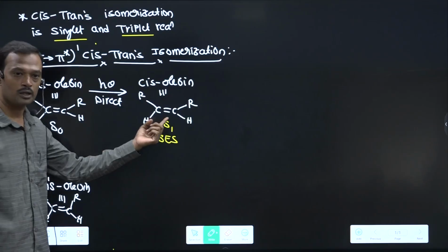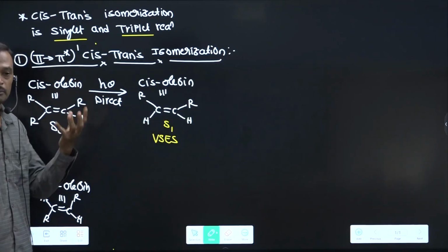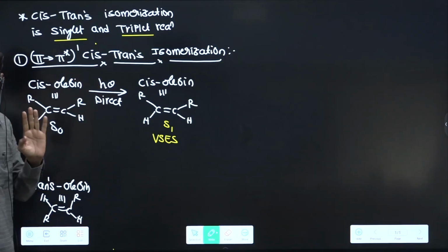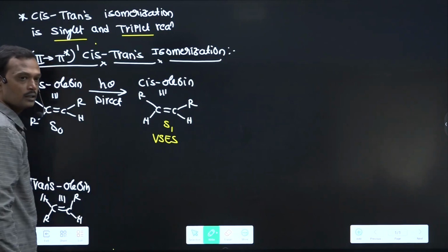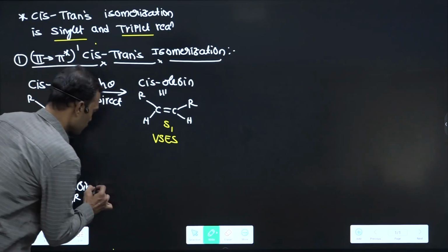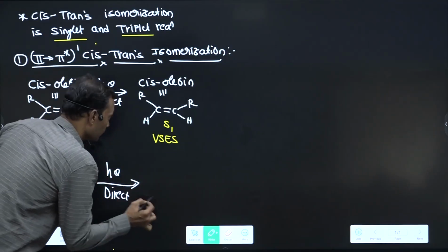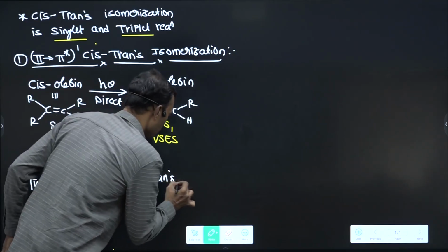The excited cis isomer and the ground state cis isomer have the same stereochemistry. They retain their memory. So what is VSES? Vertical singlet excited state. Next, followed by the same photochemical direct irradiation, now I got the trans olefin.